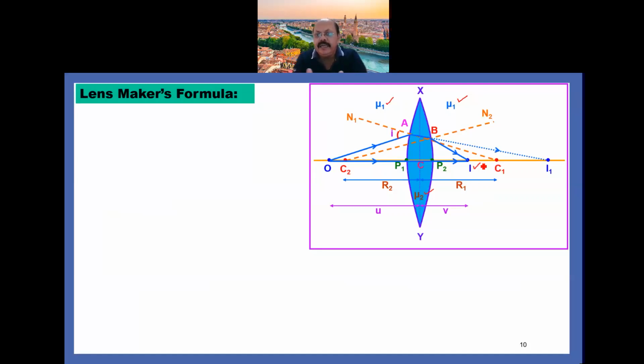And you see in the diagram, when the ray of light is incident along OA, it makes an angle i with the normal N1AC1, that is the angle of incidence, and the ray which is refracted along BI makes an angle of refraction r.